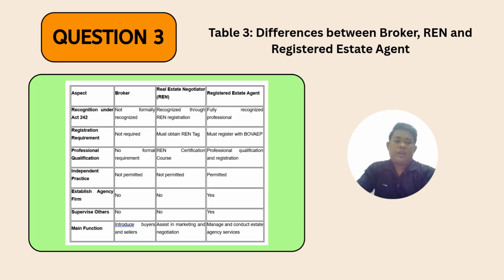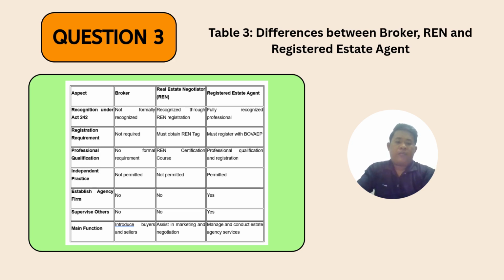For registered estate agent, the main function is to manage and conduct estate agency service. For established agency firm, broker is no, REN is no, but registered estate agent is yes.